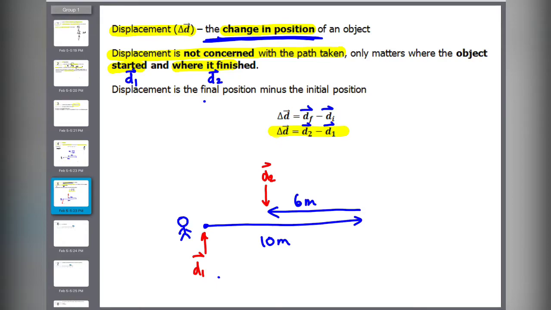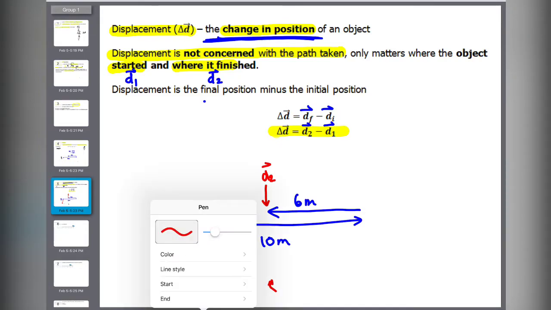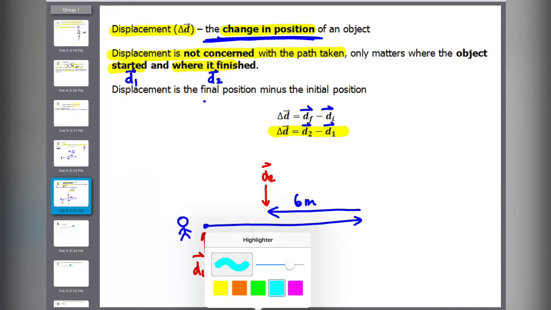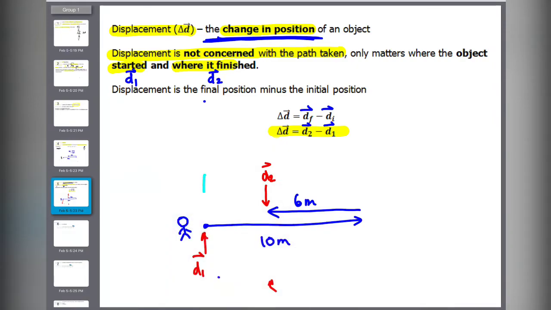Where am I from my reference point? If I make a little number line and I say that this is 0, if I started off at point 0, where am I now? I walk 10 to the east, 6 to the west.